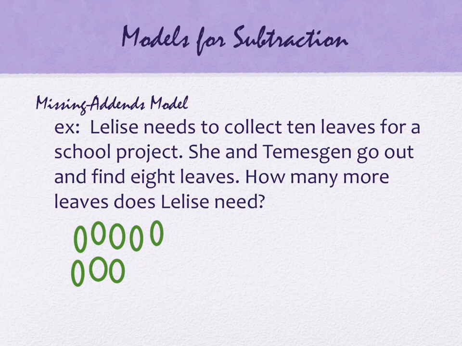But she's supposed to have 10, which means we've got some that she still needs to go find, or we could say we've got some that are missing. In particular, we can draw them dotted, as though they're not there yet, but they need to be. You can see that the whole picture, when we're done, has 10 in it, right? But within that 10, there are 2 pieces drawn in as ones I still need.